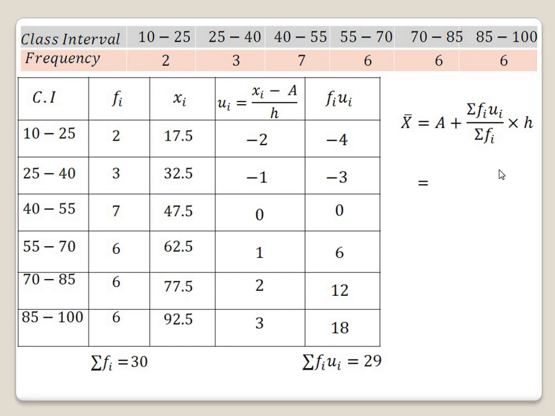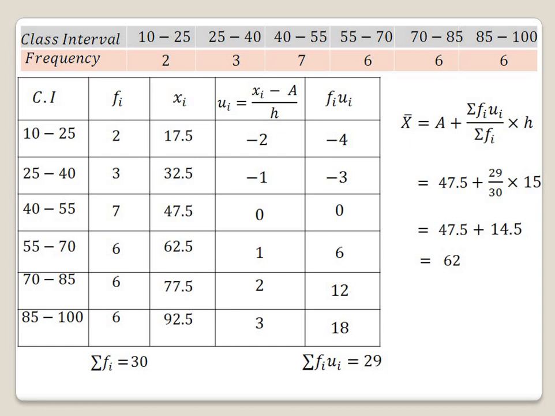Putting in all these values, we get x bar equals 47.5 plus 29 divided by 30 multiplied by 15. We keep 47.5 as it is, and 29 divided by 30 multiplied by 15 is 14.5. Therefore x bar equals 47.5 plus 14.5, which is 62.